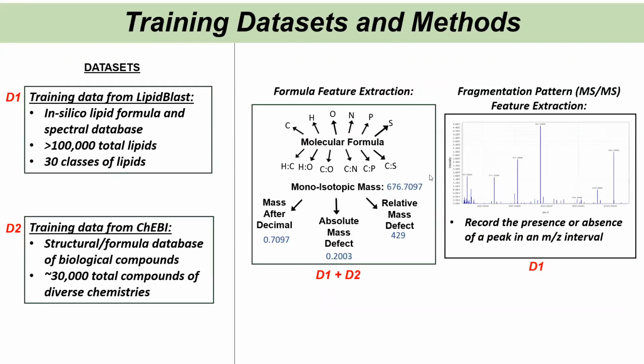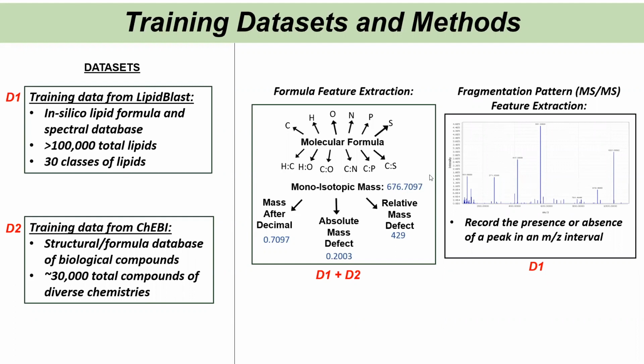Okay, so now I'm going to go through the training data sets and the methods that we used to create this algorithm. We use two different data sets. The first one focuses on lipids only. This repository has over 100,000 total lipids in it.